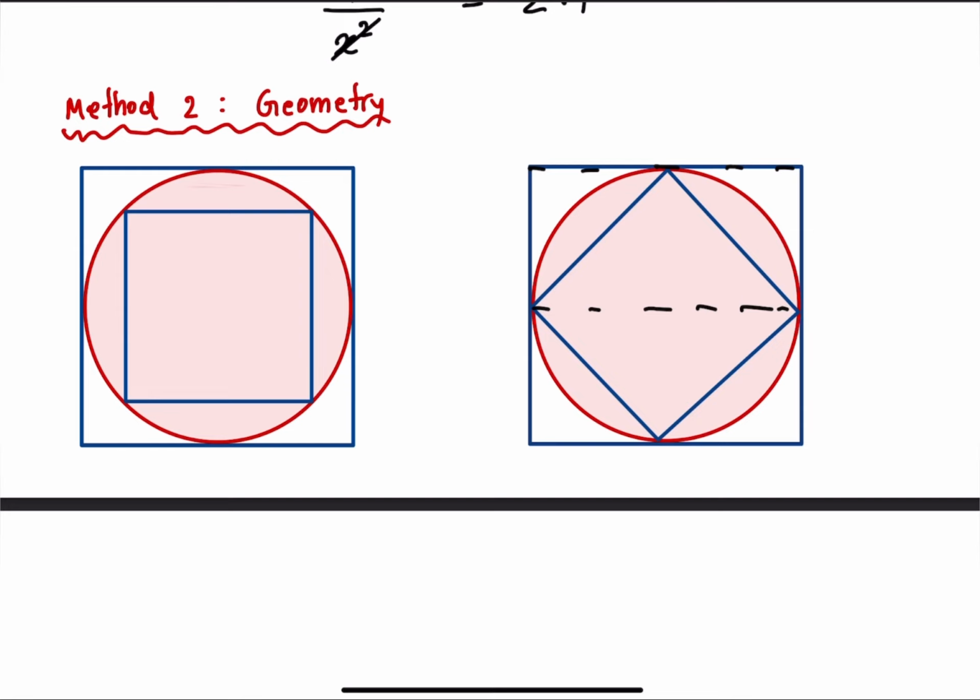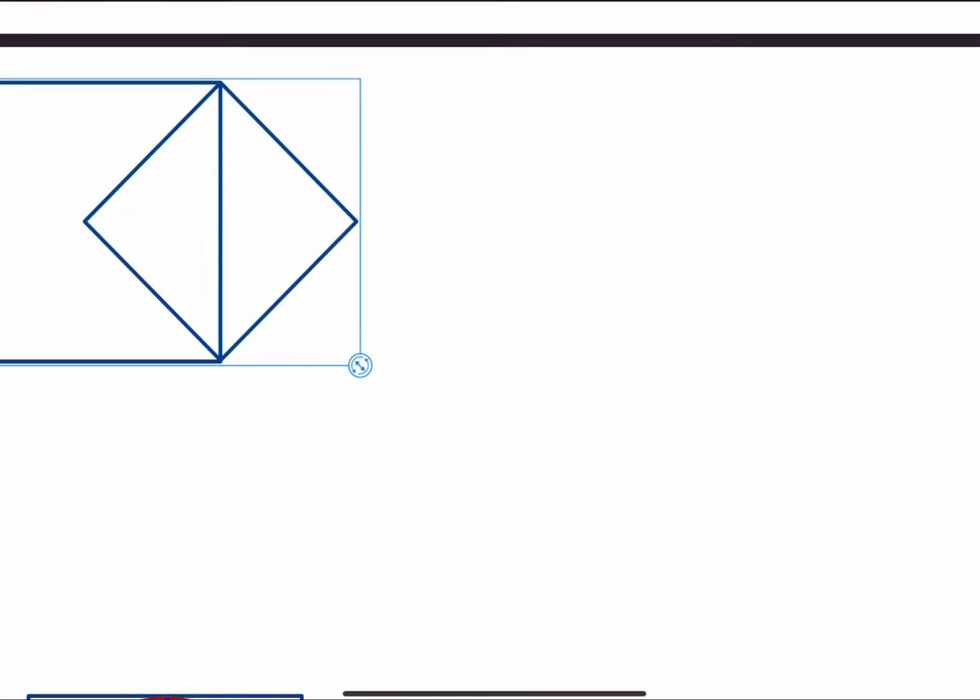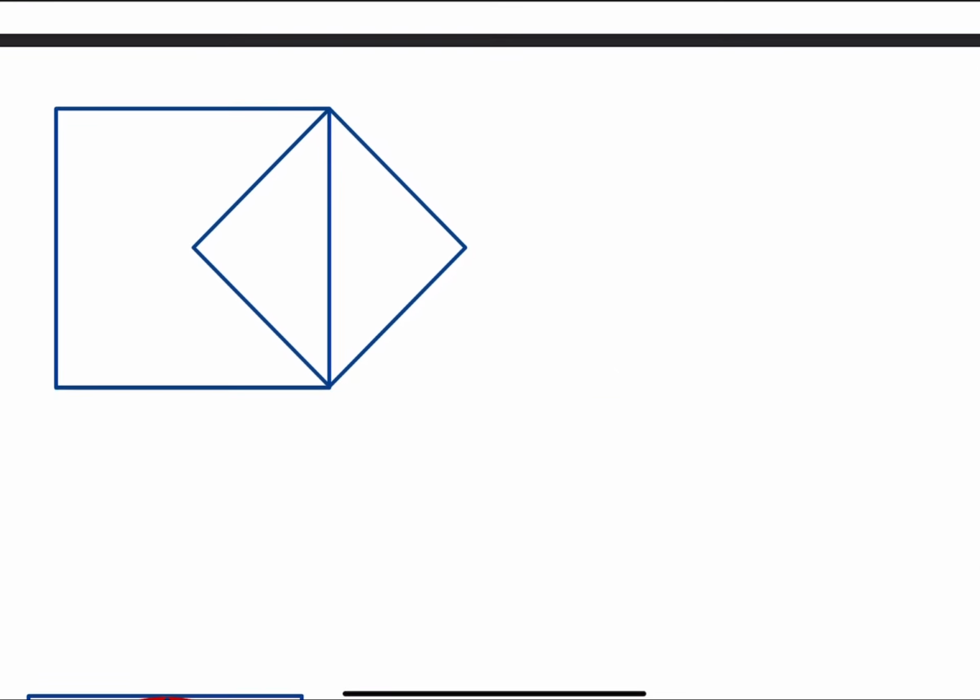And you can move the smaller square a bit more to make things clearer, so that the square looks like this. Now things are way clearer because I've gotten rid of the circle. The circle was pretty much a distraction, but it did help us realize a couple of things.